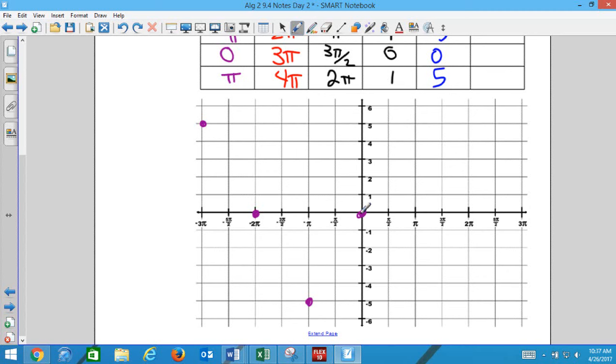At pi, we're plotting 5. So these are my key points, but we have to continue the pattern. Make it curvy. So my next dot is going to be at 2 pi, and then at 3 pi. And that's all that fits for continuing the pattern.